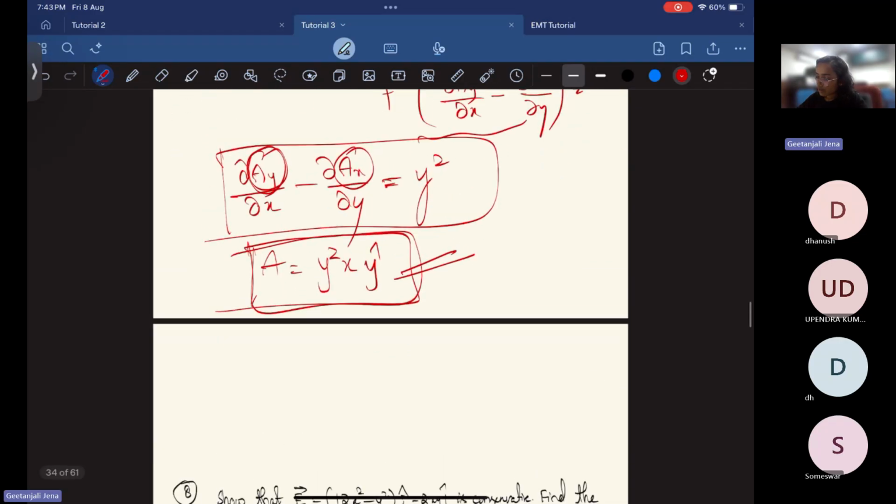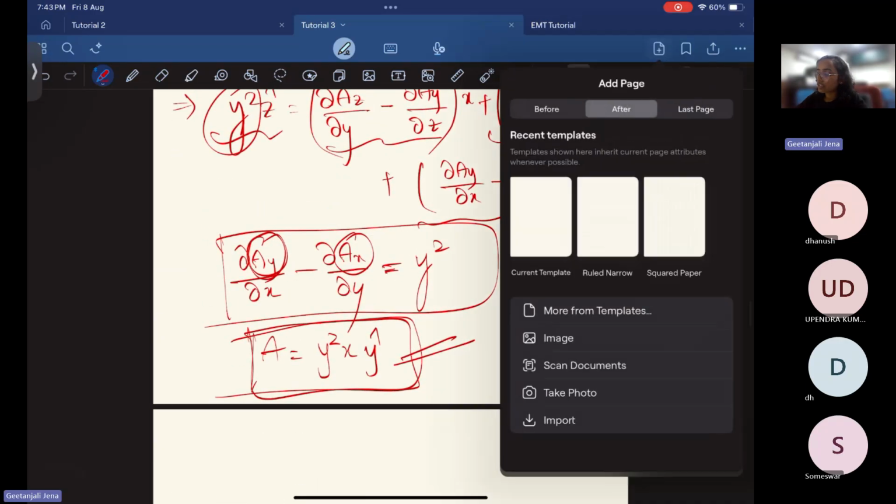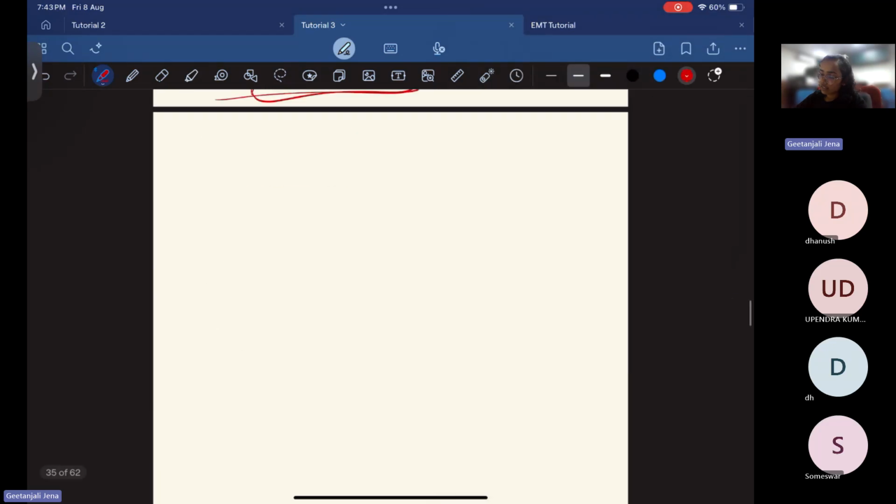Okay, so this is for the vector potential. Scalar potential, you can follow the same process.